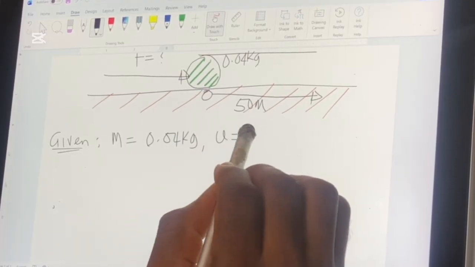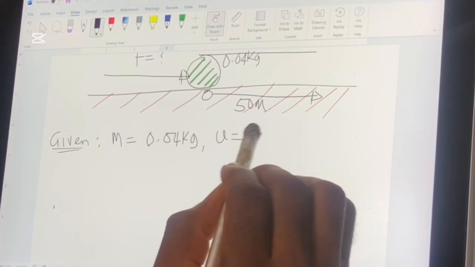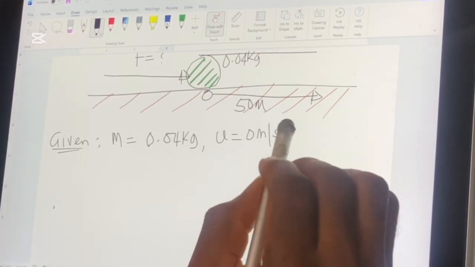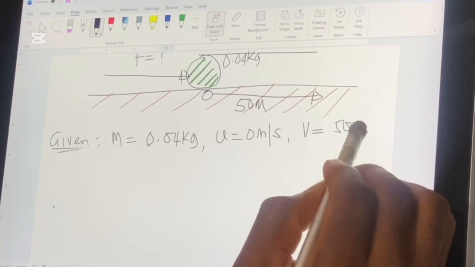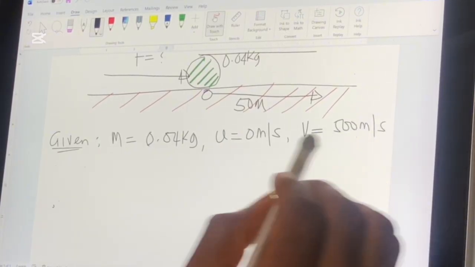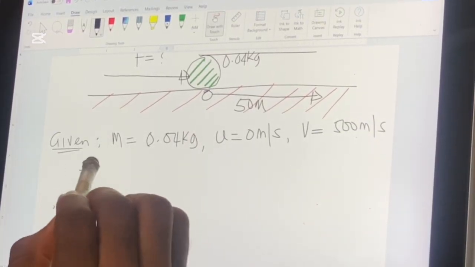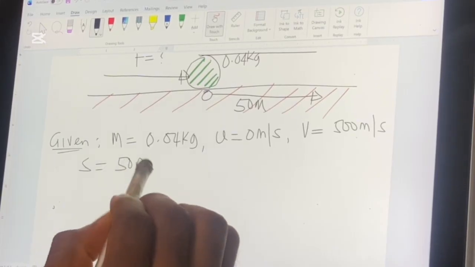The object is starting from rest, so u is 0 meters per second. The velocity is given to us as 500 meters per second, and the distance is 50 meters.